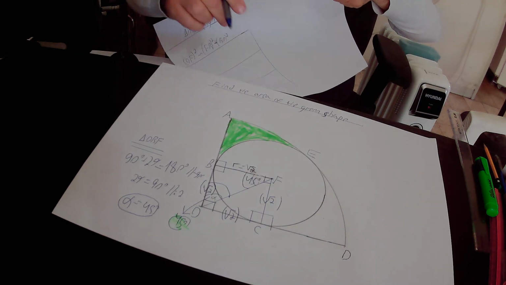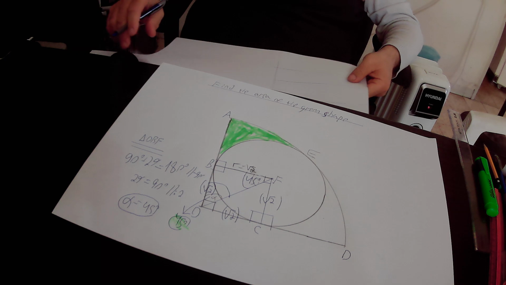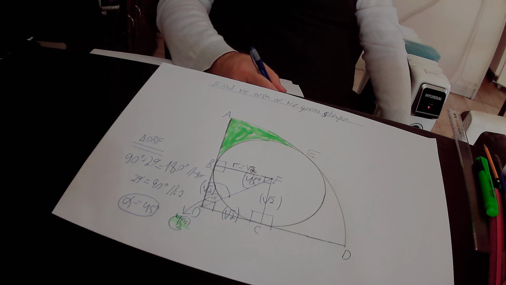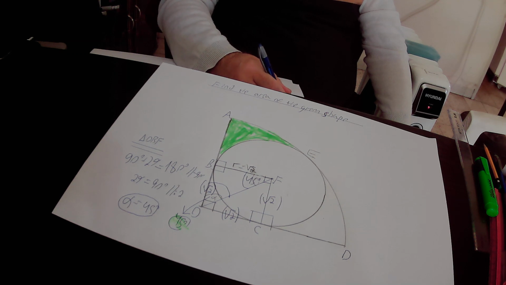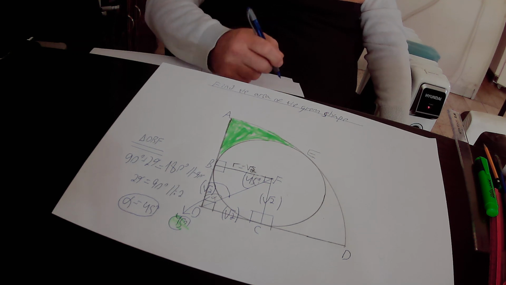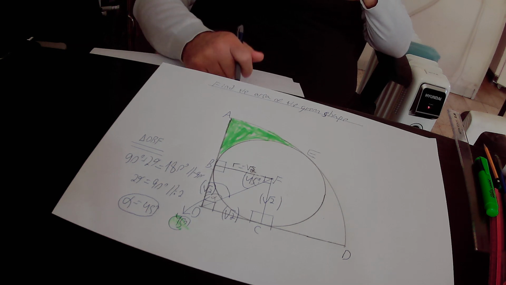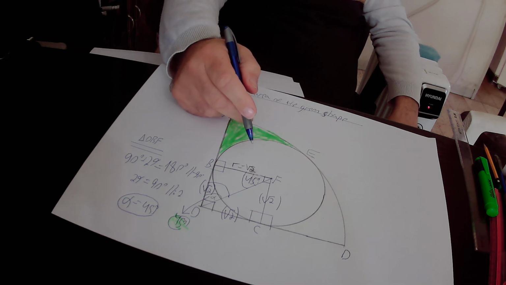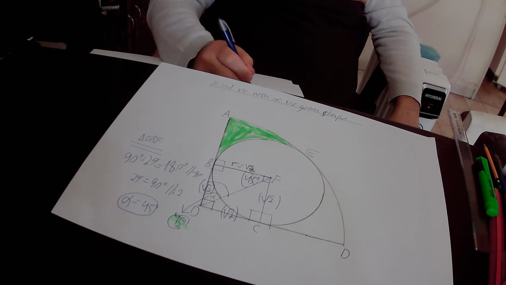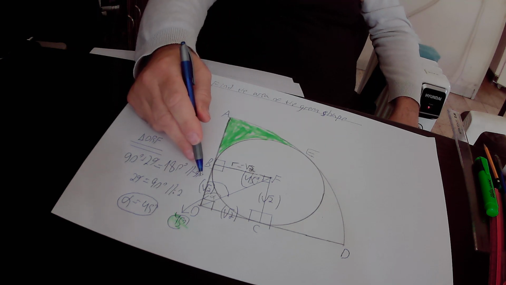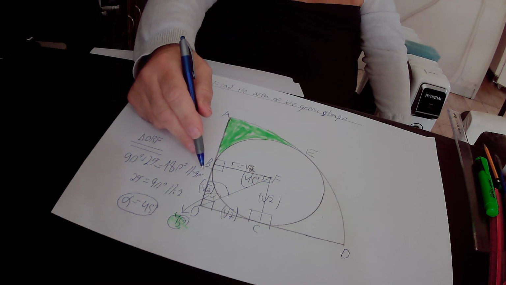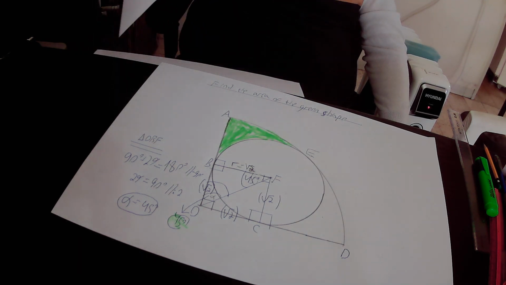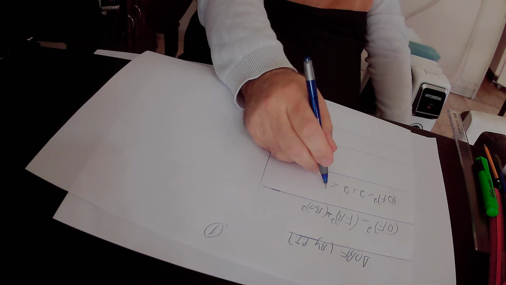So OF squared, that is the square of the hypotenuse, is equal to FB squared. FB is the square root of 2, therefore FB squared is the square root of 2 squared, that is 2, plus BO squared. BO is also the square root of 2, therefore BO squared is the square root of 2 squared, that is 2. So in conclusion, we found out that OF squared equals 2 plus 2, that is 4.